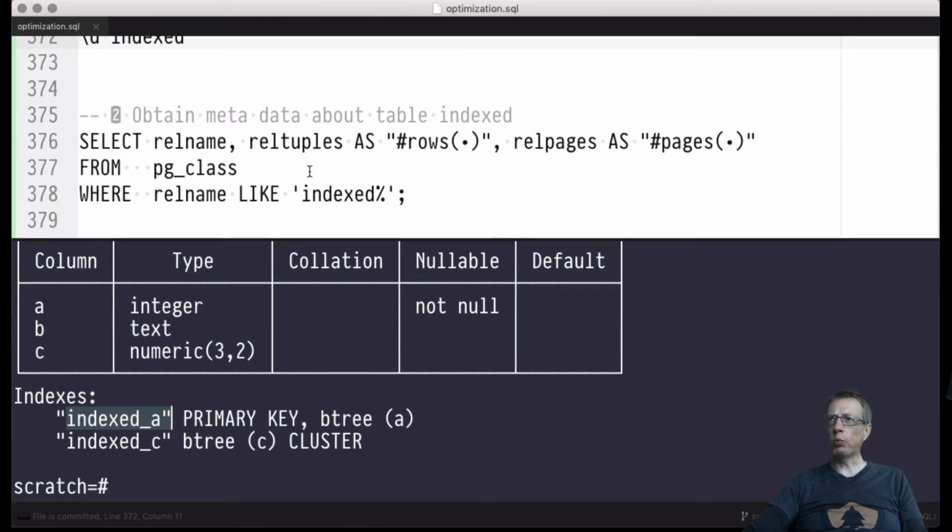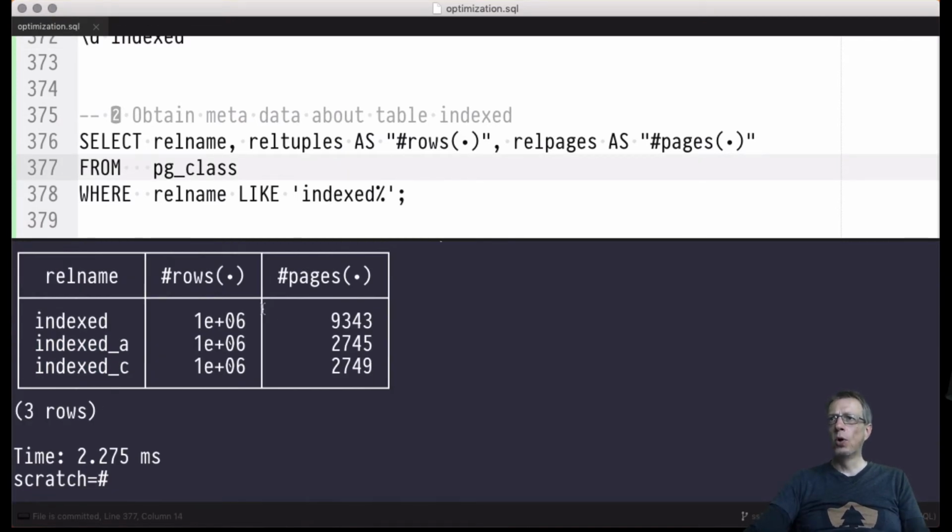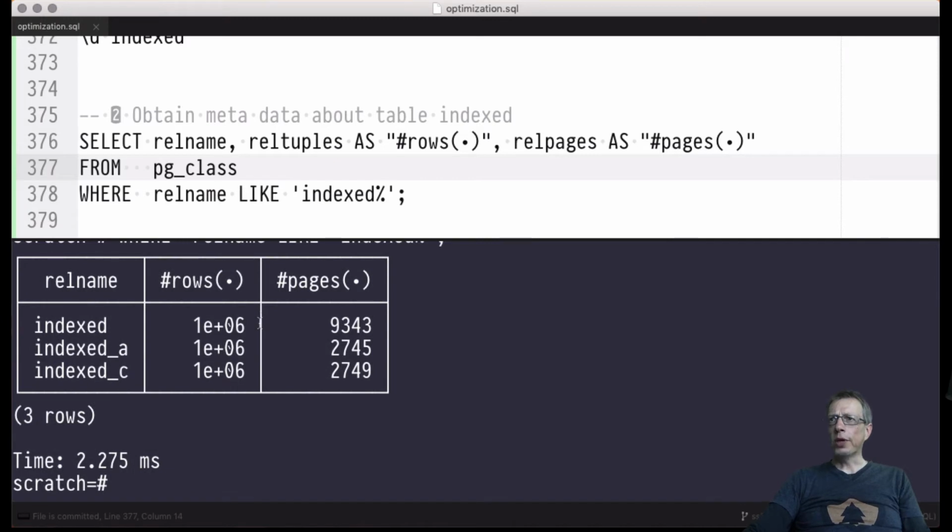So before we can start, we need some metadata from the catalog tables of PostgreSQL. For example, the number of rows and the number of pages in the heap file itself and in the 2 participating indices. Let's have a look at that. There are 1 million rows in the underlying table.